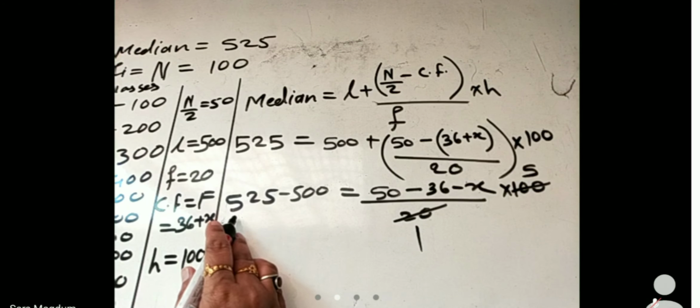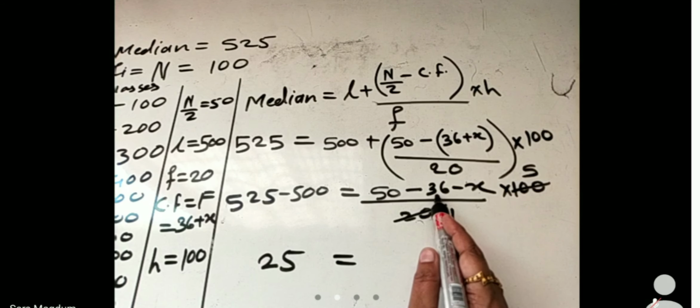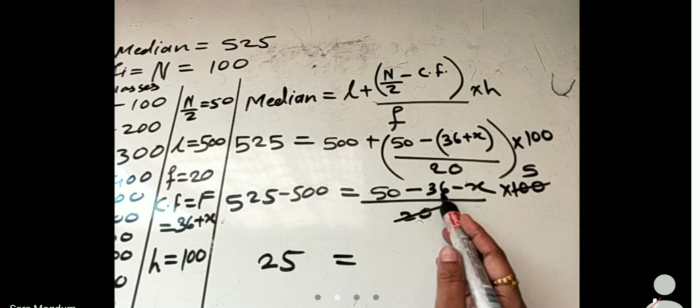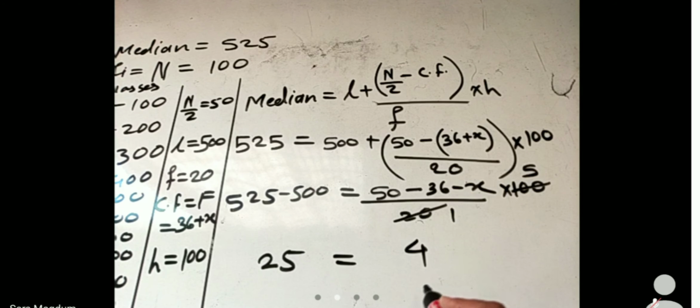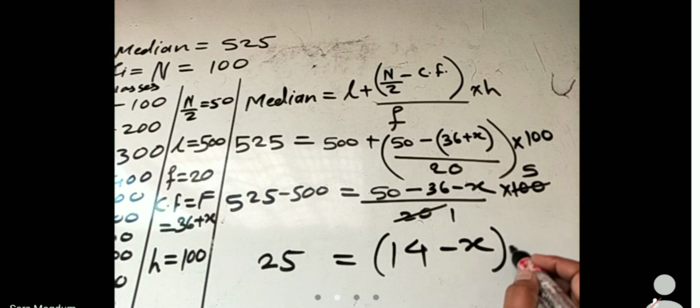And then 525 minus 500 at the left hand side we will get 25. And at the right hand side we'll get 50 minus 36, which is 14. 14 minus x into 5.